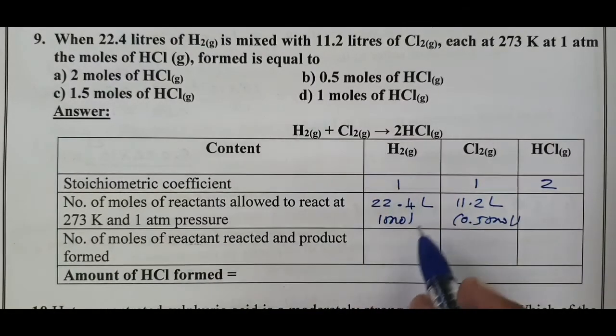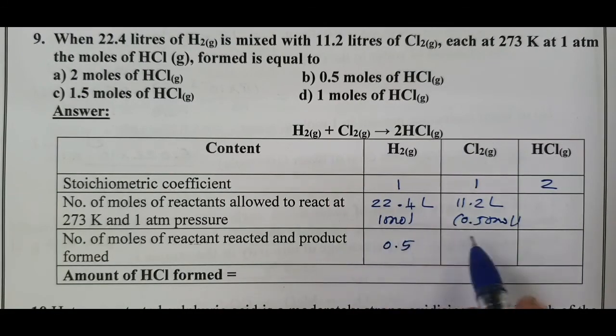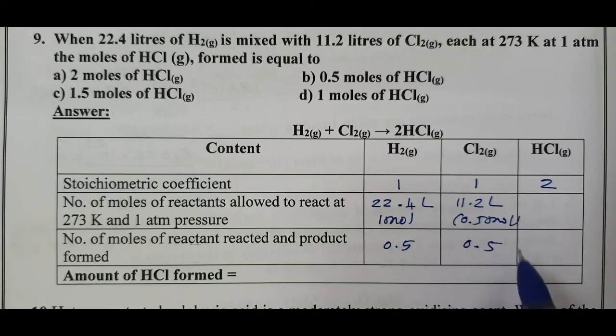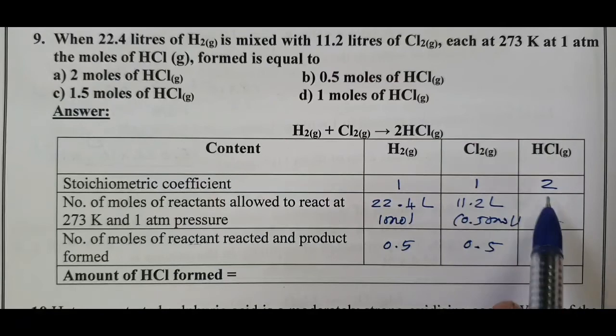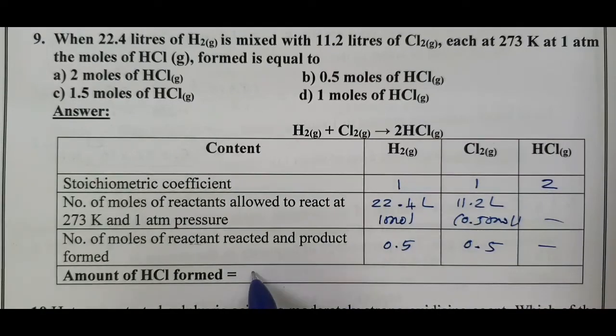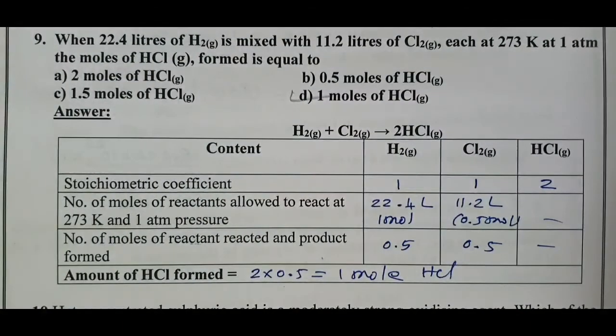All the H2 undergoes reaction, only 0.5 mole, so 0.5 mole of chlorine undergoes reaction. Amount of HCl formed is 2 into 0.5, equal to 1 mole of HCl formed. The answer is D, 1 mole of HCl is formed.